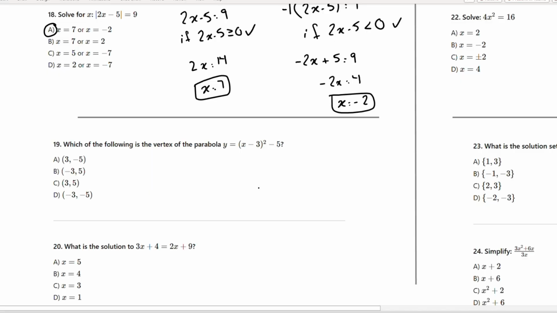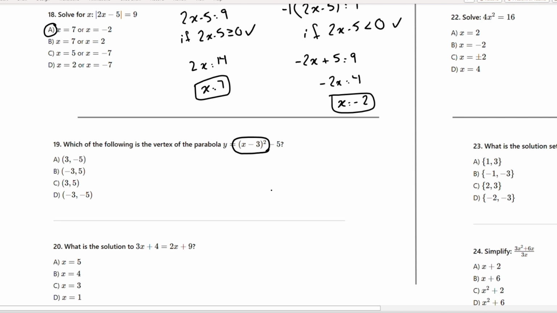For question 19, we have: which of the following is the vertex of the parabola y equals x minus 3 squared minus 5? Over here, this is already in vertex form. So we have to find what number makes this part of the formula equal to 0 to be able to find the minimum or maximum of the function.